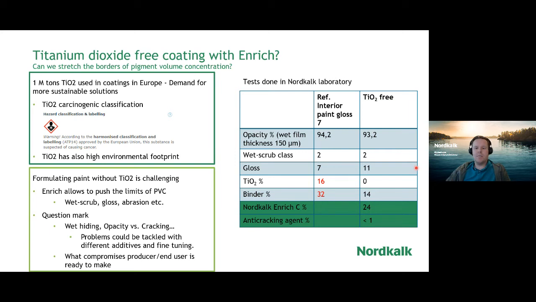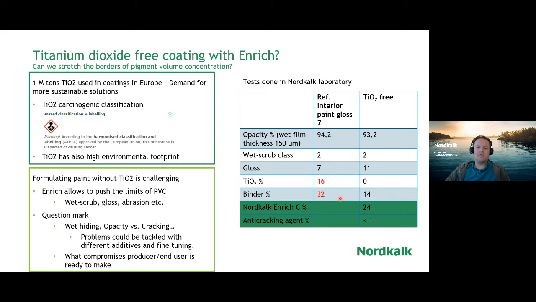So this can be easily fixed. In this reference paint there is 16% titanium dioxide, and the opacity was 94.2, and in this other one the titanium dioxide amount is 0, as said, titanium dioxide free, with opacity 93.2, but still in the same wet scrub class.